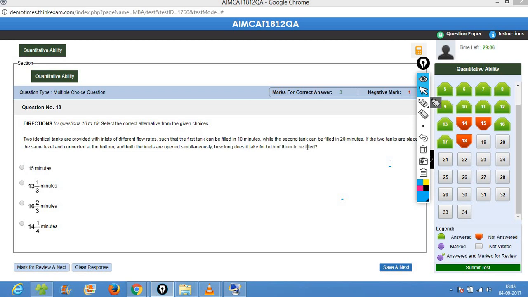How long does it take for both of them to be filled? Two identical tanks are provided with inlets of different flow rates such that the first tank can be filled in 10 minutes and the second tank can be filled in 20 minutes. The two tanks are placed at the same level.